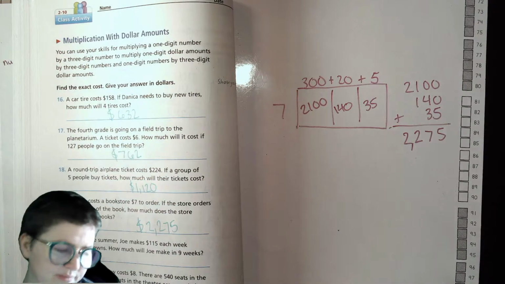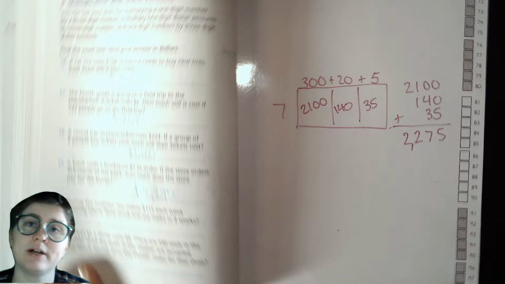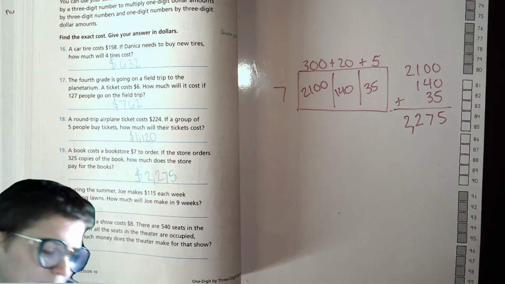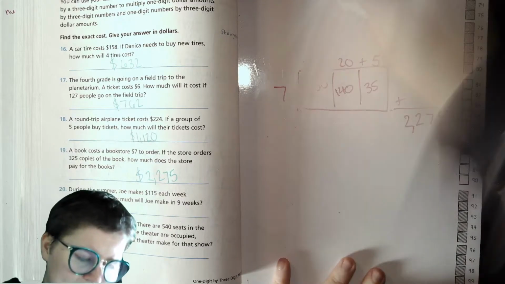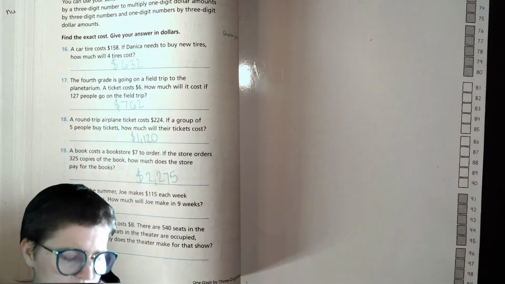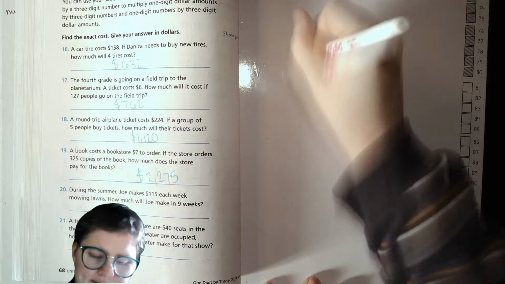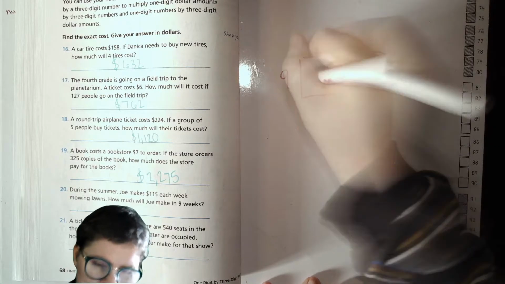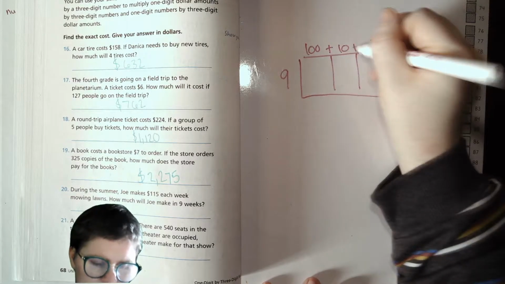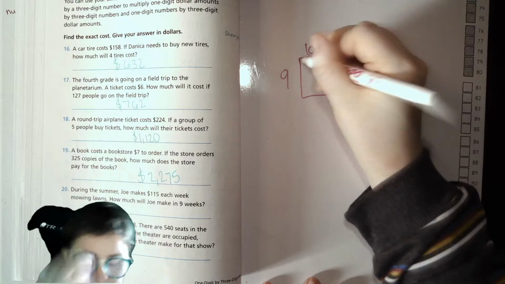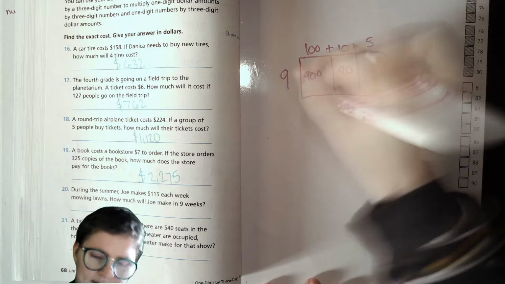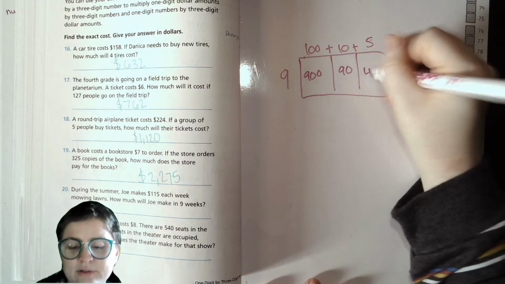Alrighty. If you're feeling up to it, you could try these bottom 2 on your own, or you can stay with me if you want to give them a shot. Hit pause and then play when you're ready. During the summer, Joe makes $115 each week mowing lawns. Good for him. How much will Joe make in 9 weeks? 9. 100, 10, 5. 900, 90, 10 times 5, 45.